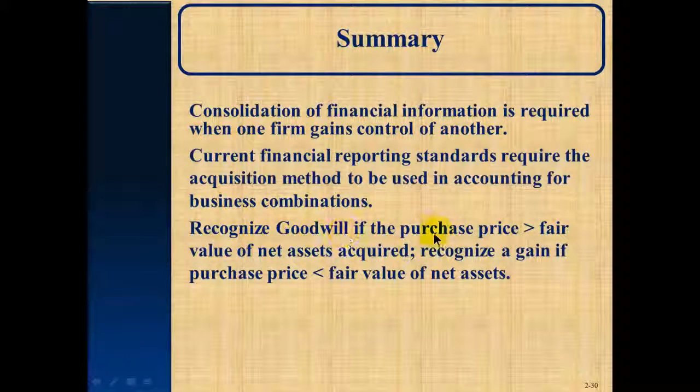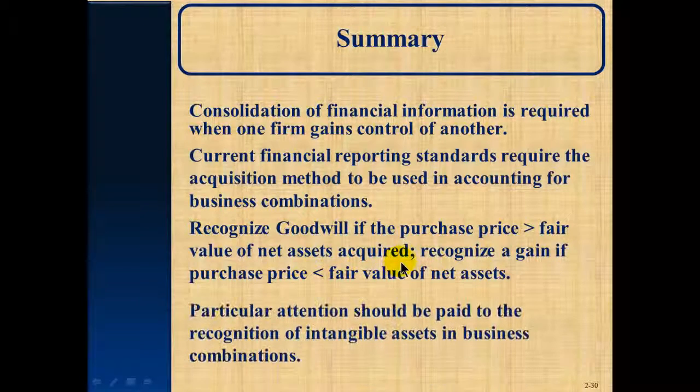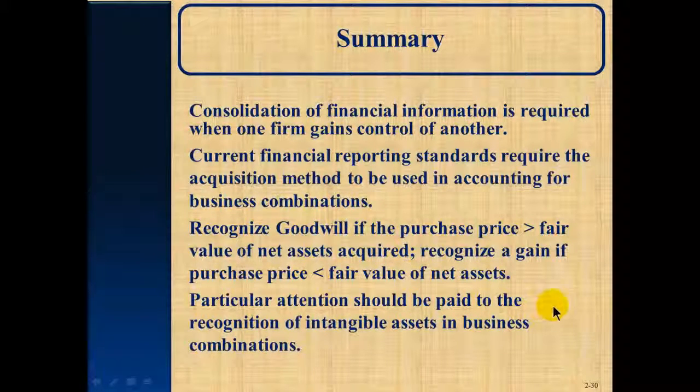And you recognize goodwill if the purchase price exceeds the fair value of those net assets acquired. Net assets simply mean the assets minus the liabilities. That is your net assets. And then if you have a bargain purchase, if the fair value of assets exceeds the purchase price, and then you just record a gain on that. Okay.